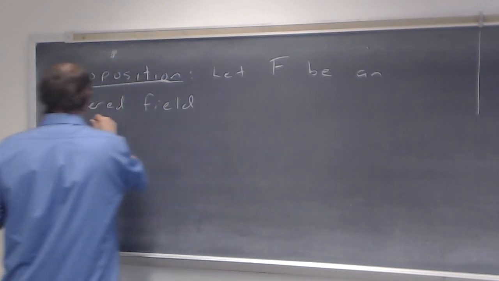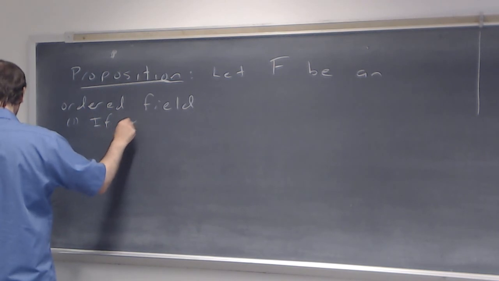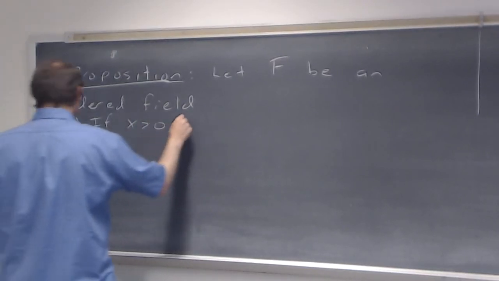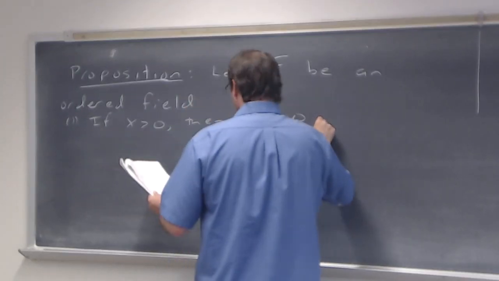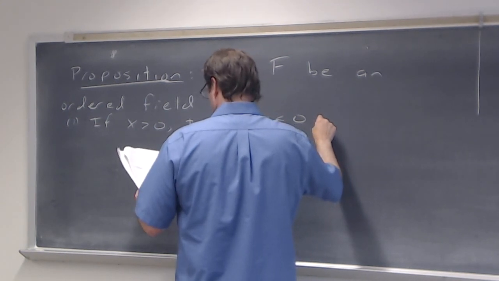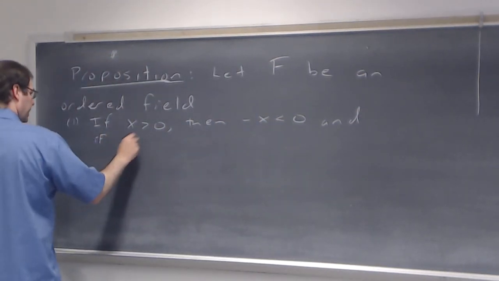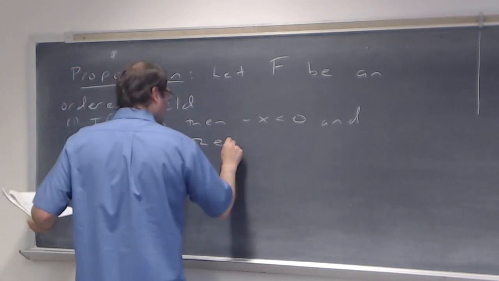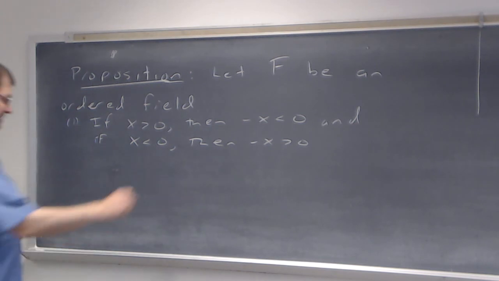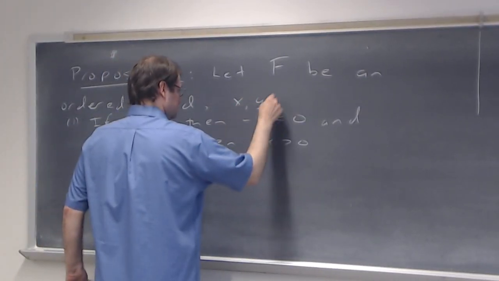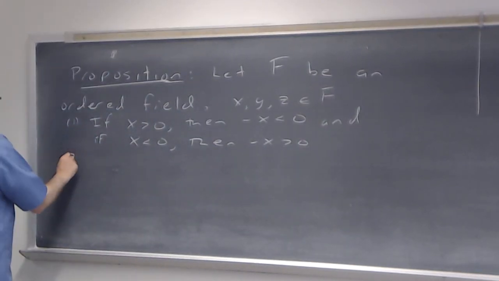And so here are the parts. 1, if x is greater than 0, then minus x is going to be less than 0. And if x is less than 0, then minus x is going to be greater than 0. So that's 1. Here, we're saying that x, y, and z are elements of the ordered field.